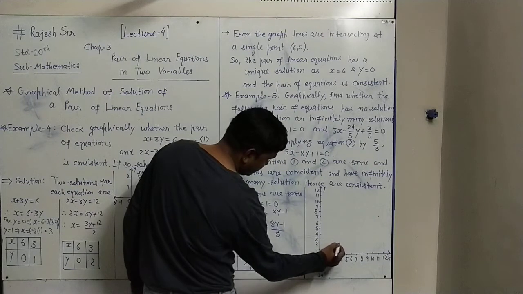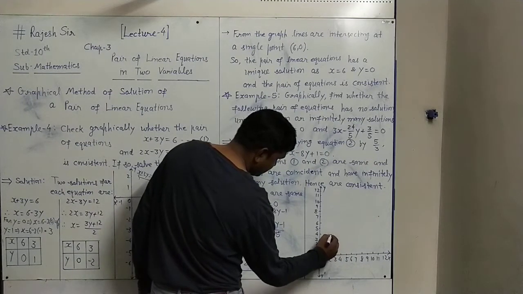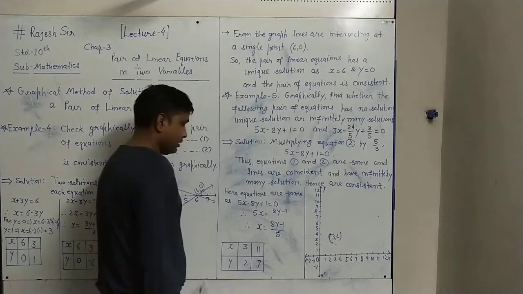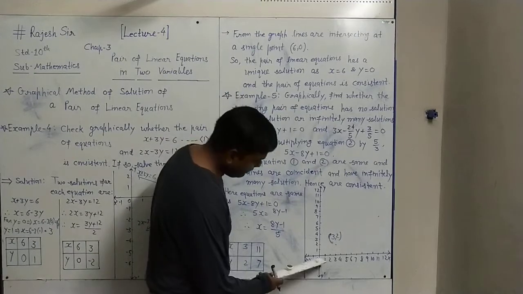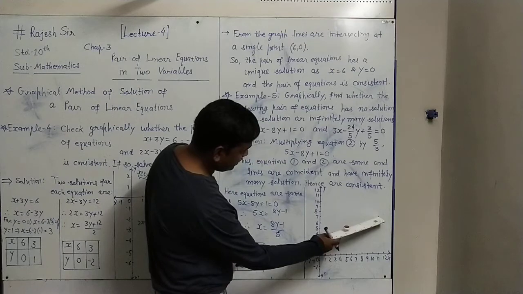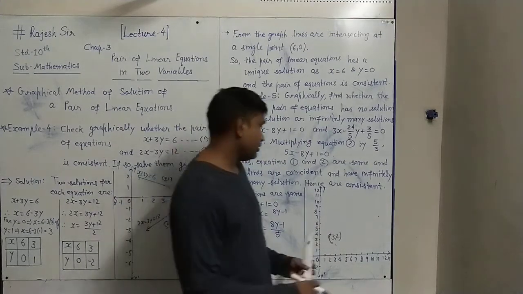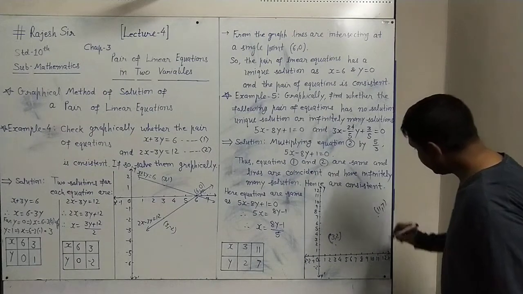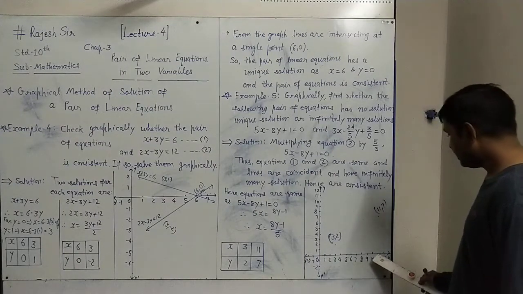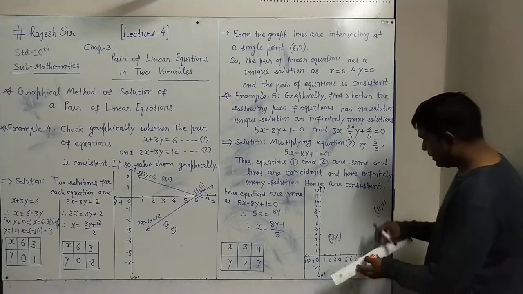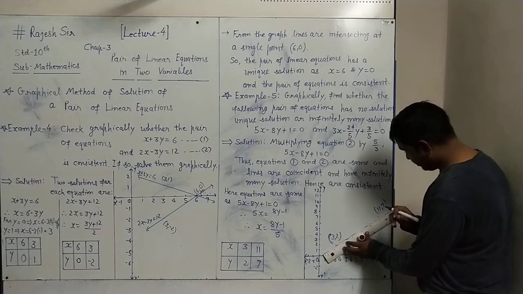This point is (3, 2). The next point is (11, 7): 11 on the x-axis and 7 on the y-axis. This point is (11, 7). Now joining these two points, we will get the graph of the given equation.